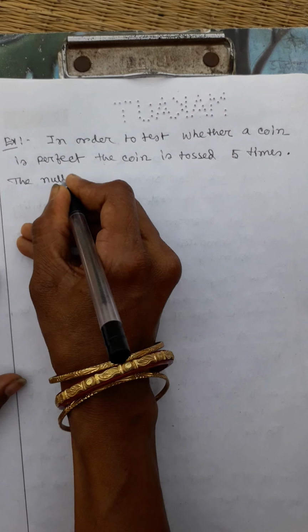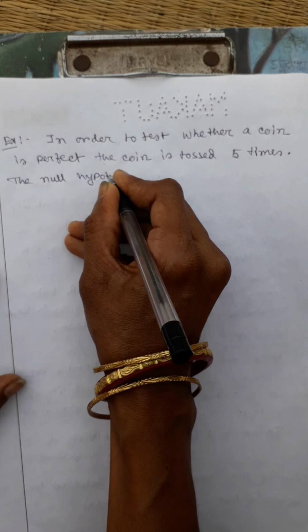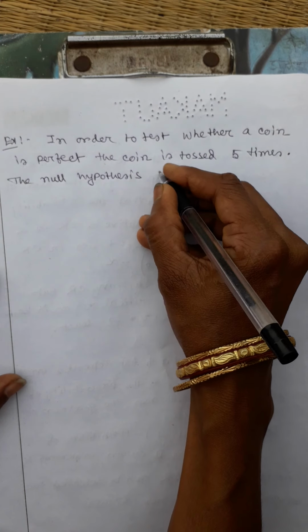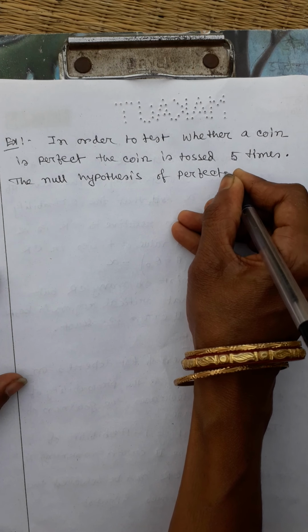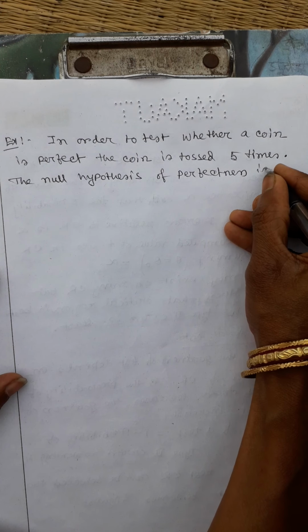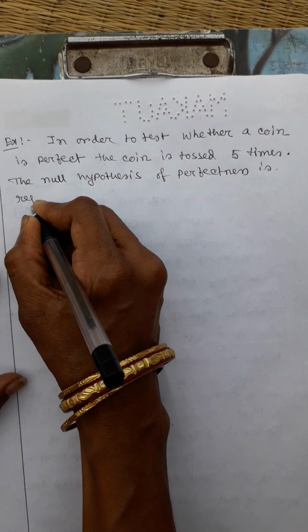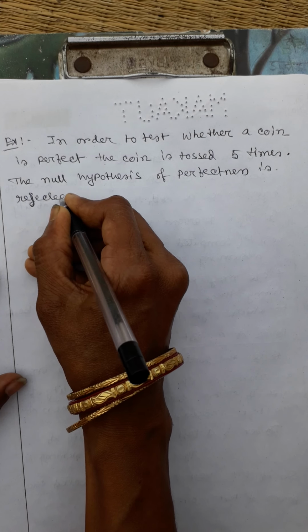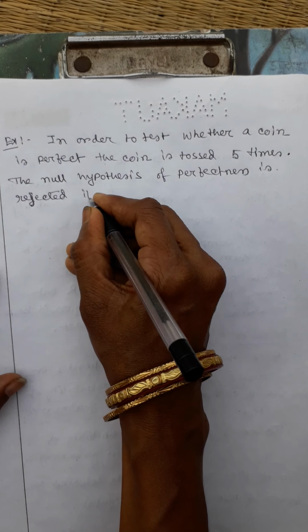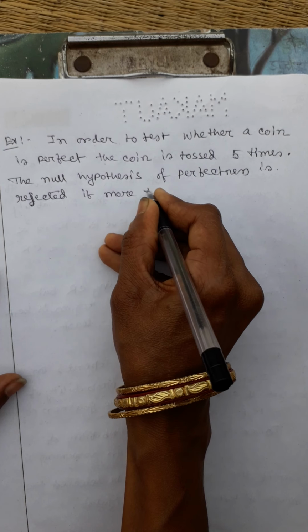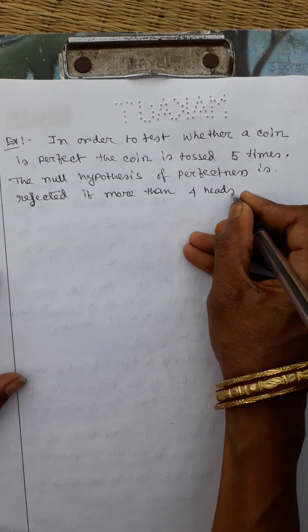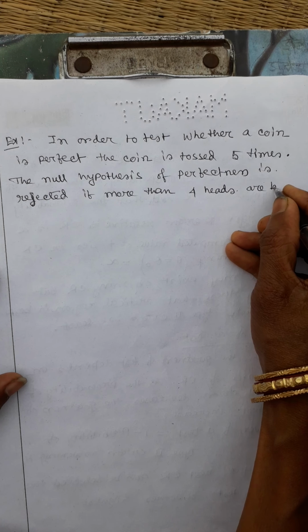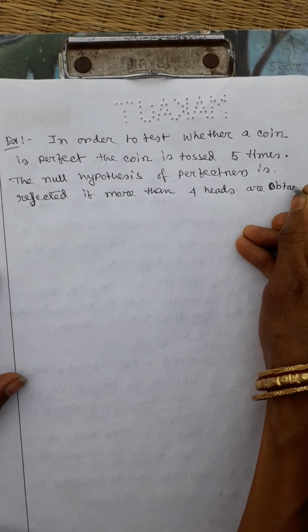The null hypothesis of perfectness is rejected if more than 4 heads are obtained.